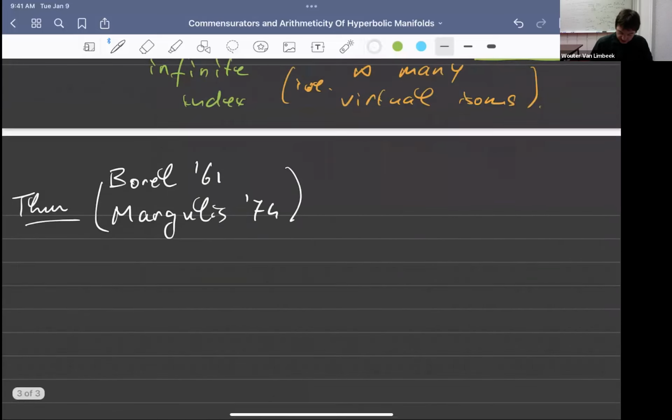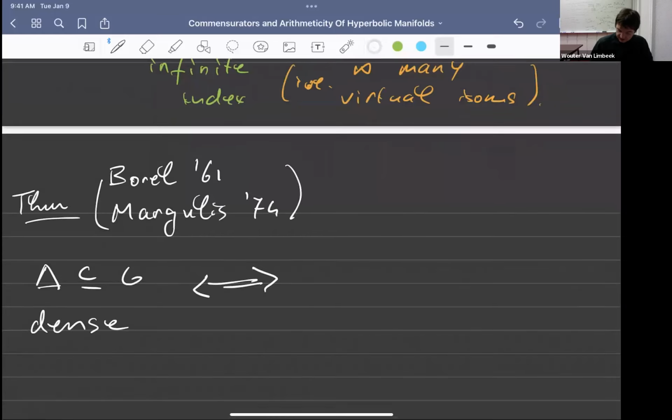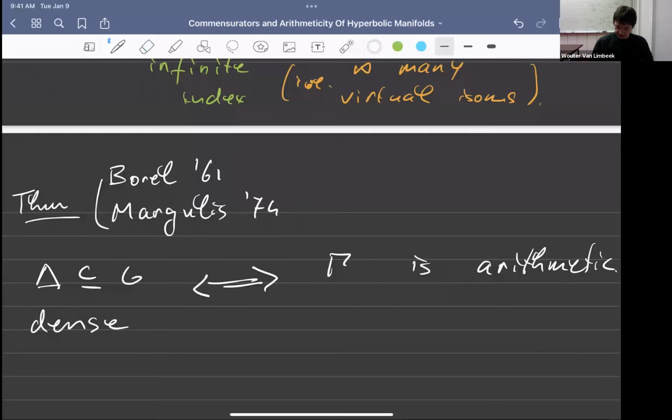And they proved that if you have dense commensurator, then this is the same as that gamma is arithmetic. Okay, and when I state it like this, Borel did this implication, and Margulis the other one.